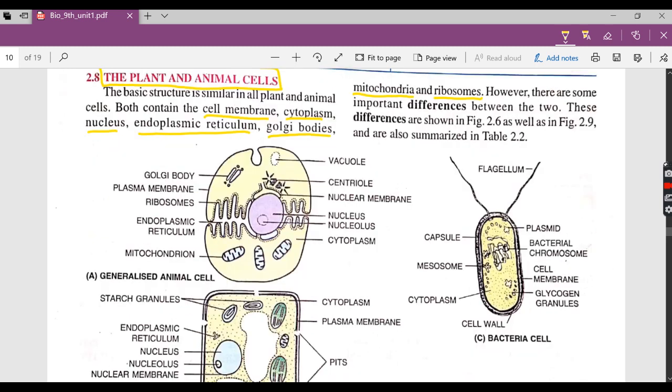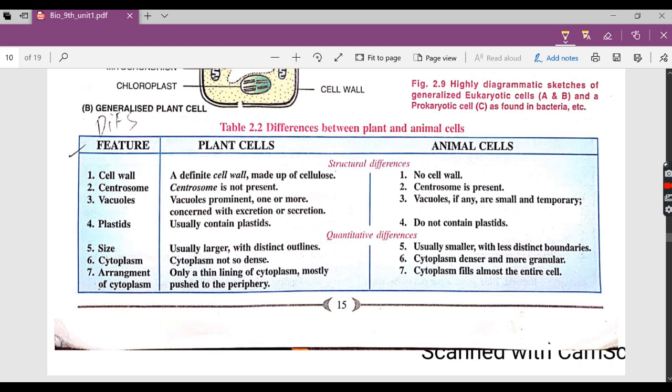And when it comes to differences, the differences in them are in cell wall, centrosome, vacuoles, plastids. They have differences in terms of structure and in terms of quantity. In terms of structure, there is a difference of cell wall, centrosome, vacuoles, and plastids.